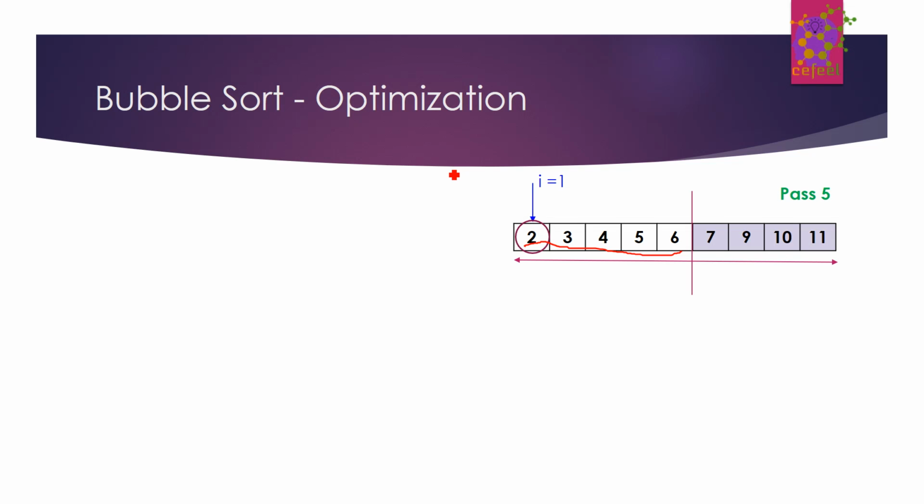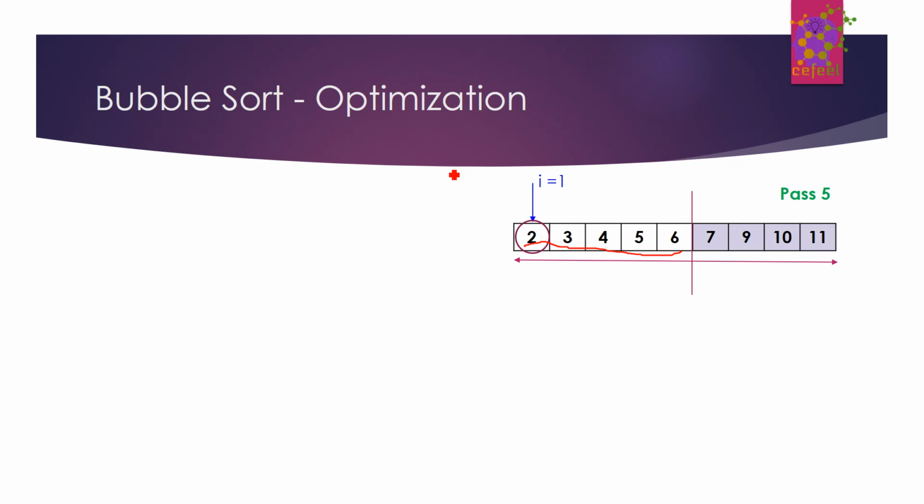Why? Because if there are no swaps, that is an indication that elements are already in sorted order, and then we really don't need to continue any further. That's why we unnecessarily ran through pass 5 6 7 8 9. It was really not needed. So that is one way to optimize the bubble sort algorithm.